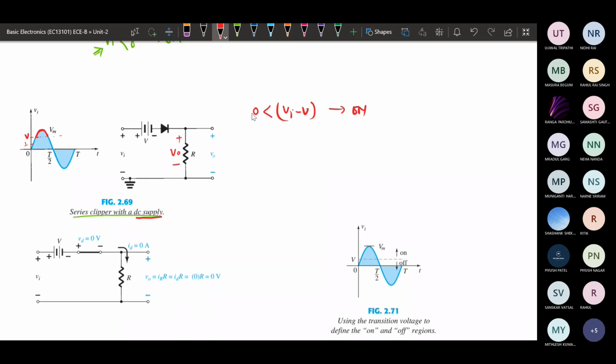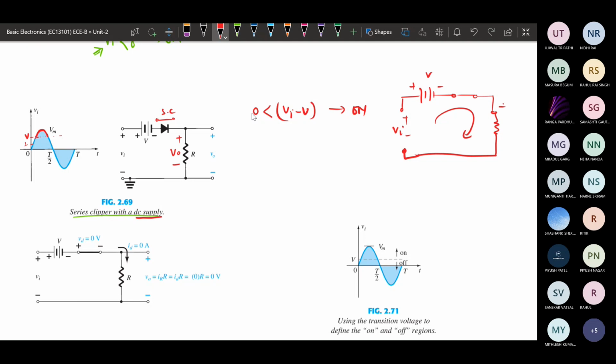If the diode is on, it will be a short circuit. So we get the output circuit from here, and some current will be flowing.